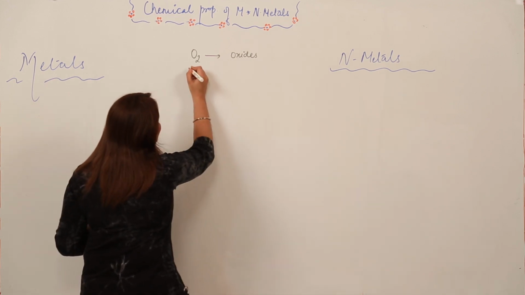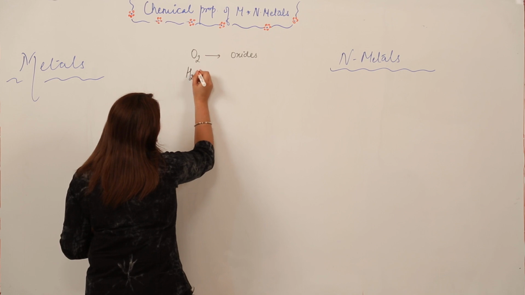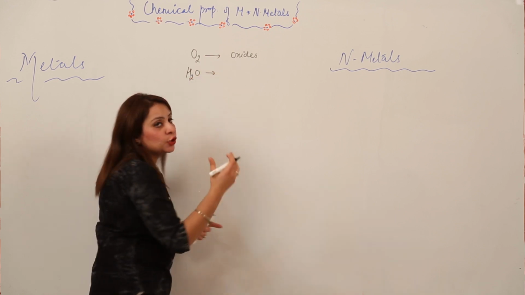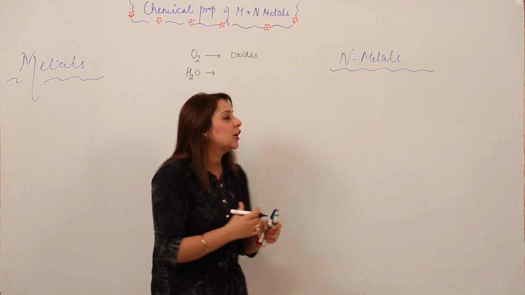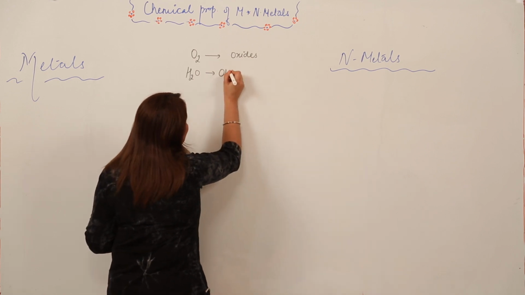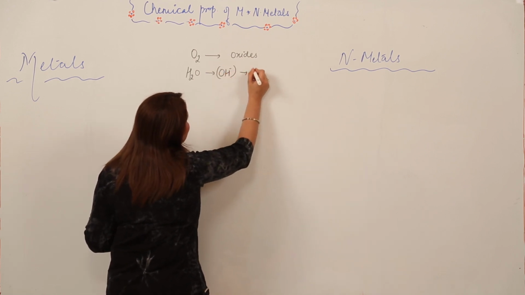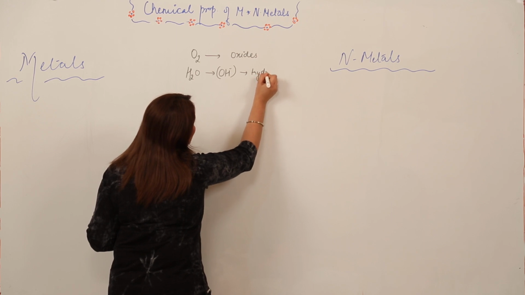And when we react some substance with water, the crisscross combination occurs with the hydroxide ion, and it leads to the formation of respective hydroxides.